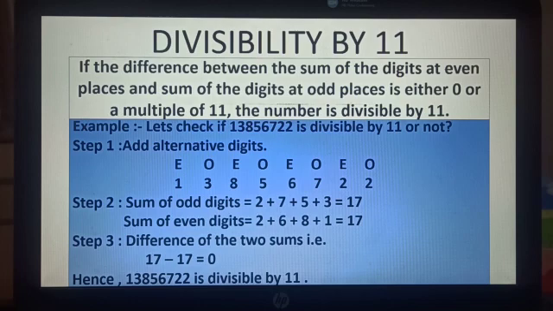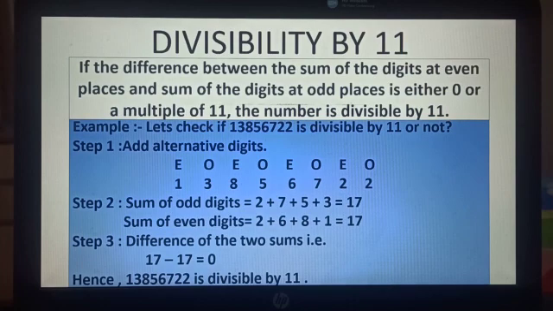In first step, add all the digits in odd places and add the digits in even places separately, starting from the ones place. First, sum of digits at odd places. 2 plus 7 plus 5 plus 3 is equal to 17.